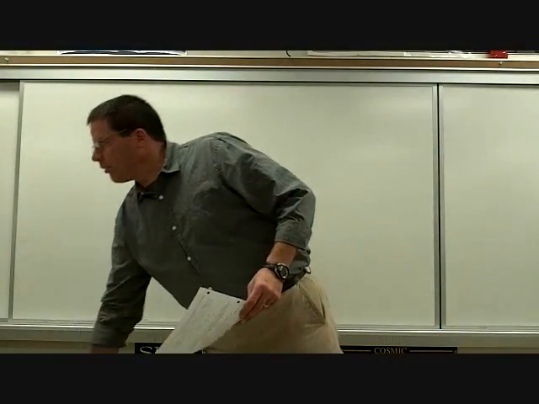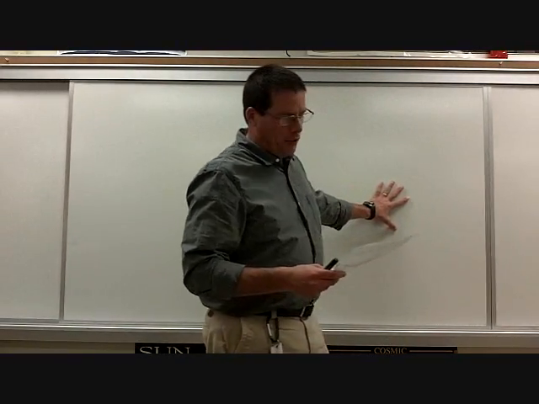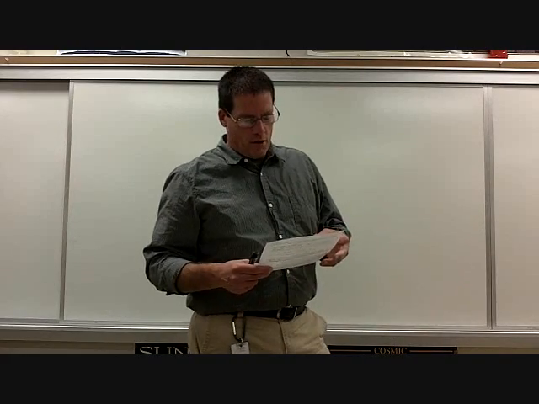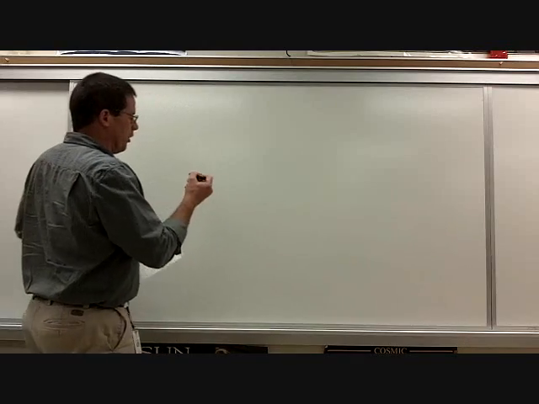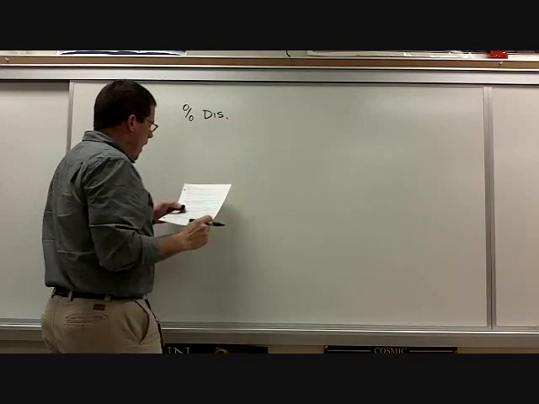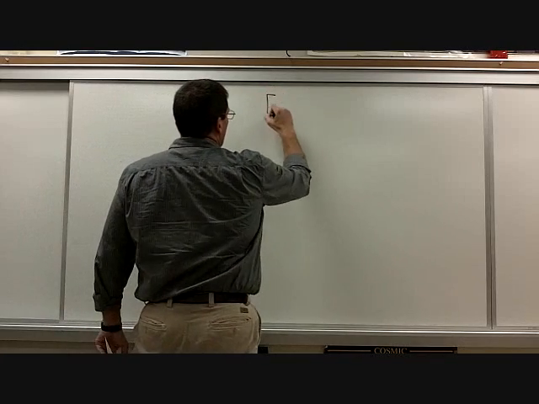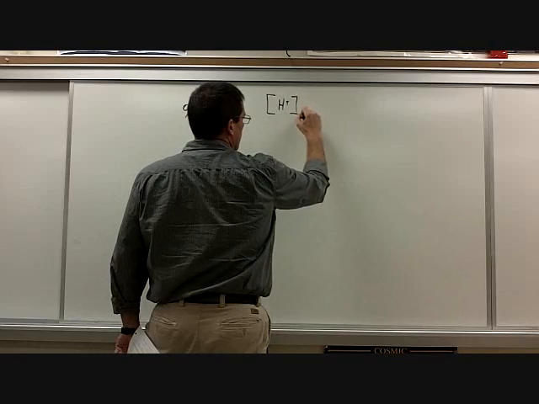We kind of talked about this a little bit already, but this is our first formal time talking about percent dissociation. What I want you to recognize is that percent dissociation is equal to the hydrogen concentration at equilibrium.